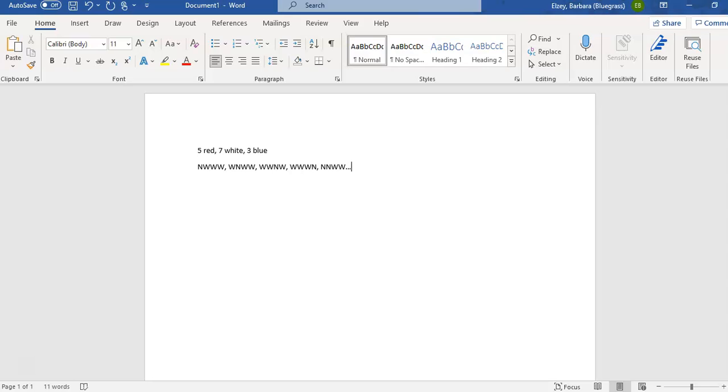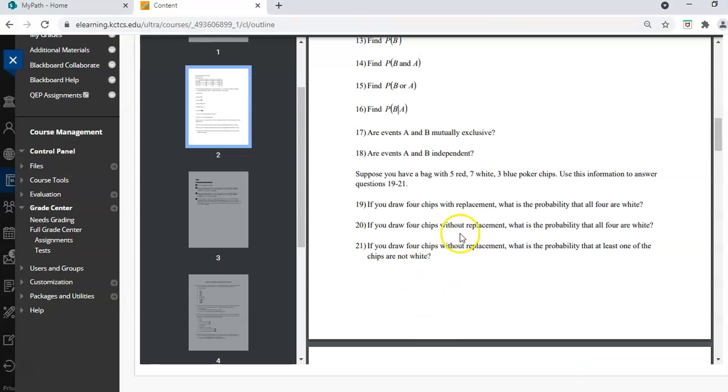And when we see that we're listing all these possibilities out, we know that perhaps it is much easier to use the complement. So the complement of having at least one that is not white is to have all of them be white. And I think you started out this way with your computation. I believe we're not replacing here. Let's see. Without replacement, yeah.